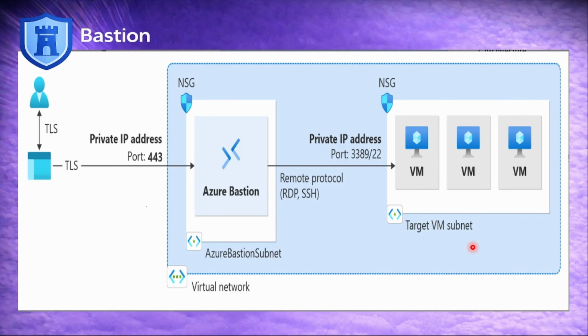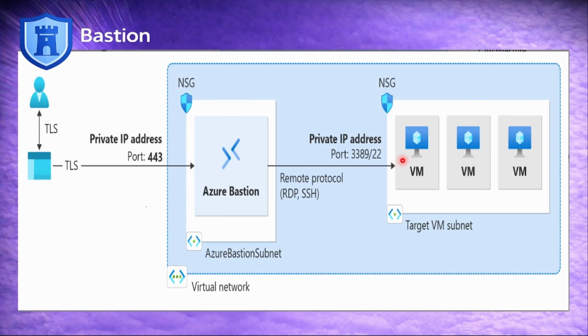Normally, if we want to connect to a VM using SSH or RDP, we have to open ports like 22 or 3389 to the internet, and that's obviously not the most secure approach. Azure Bastion gives us a better way to do this. It basically acts as a secure entry point inside our virtual network.